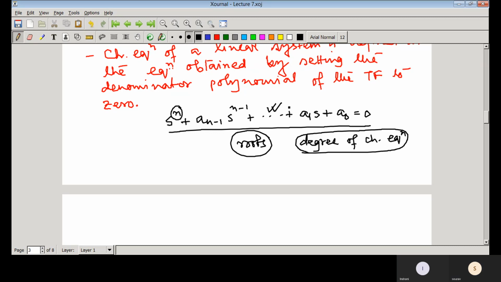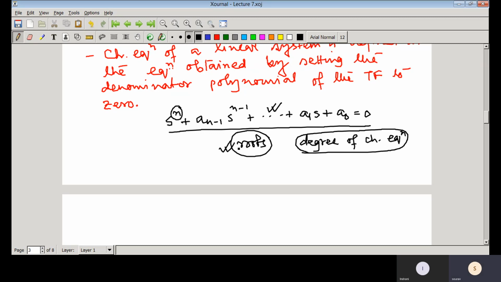As we have discussed in the introductory classes, whenever you consider dynamical systems, the primary requirement is that the system should be stable. So the question is, how do you know whether the system is stable or not? The roots of the characteristic equation tell you.